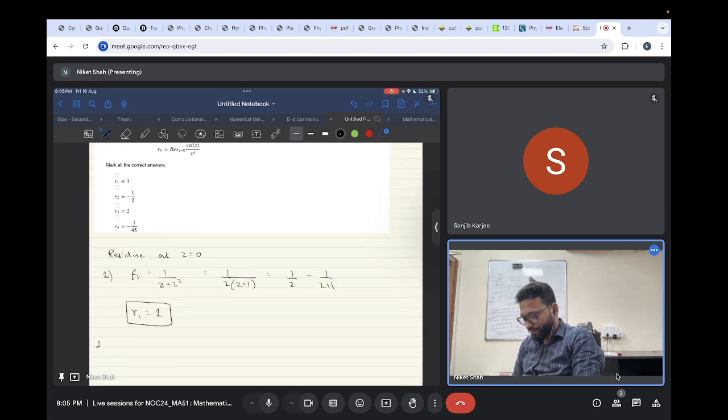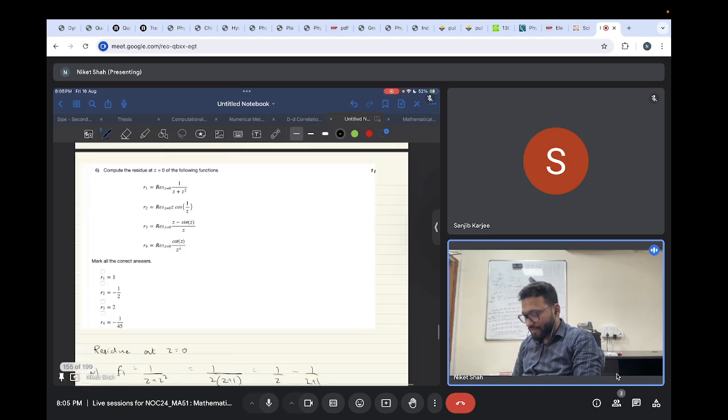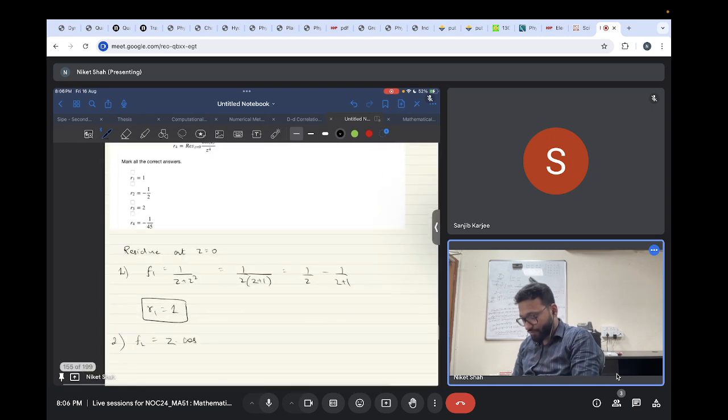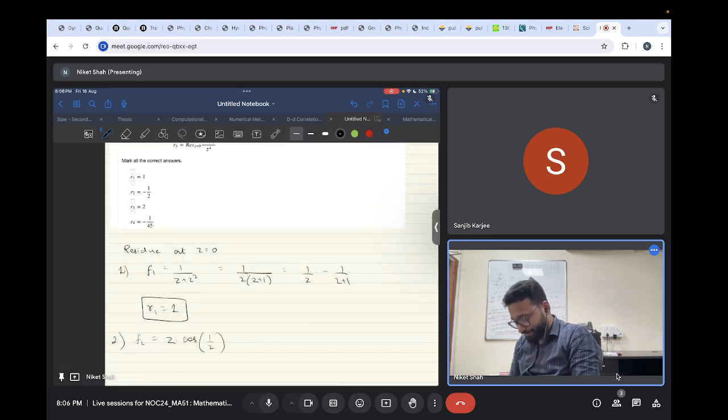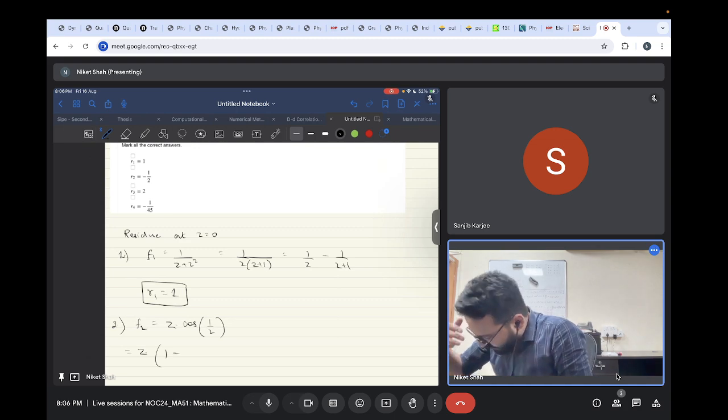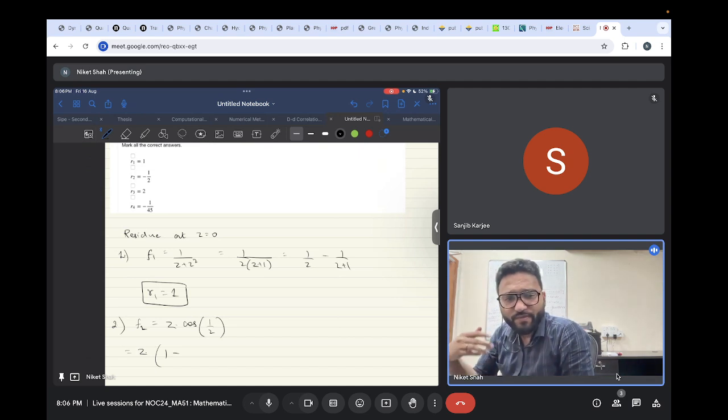What is part 2? The function is z into cos of 1 by z. Function 2 is equal to z into cos of 1 by z. So this is equal to z into 1 minus z square plus z power 4, etc. Those are the terms.